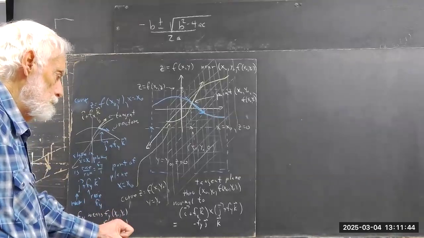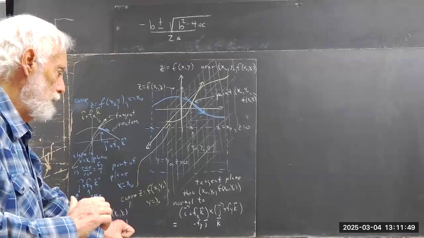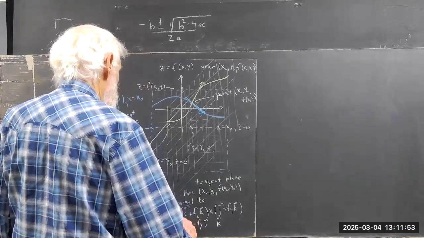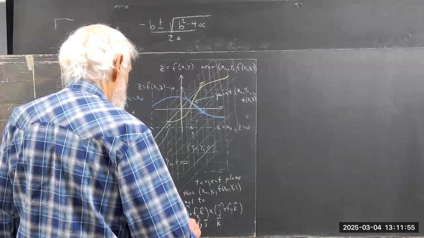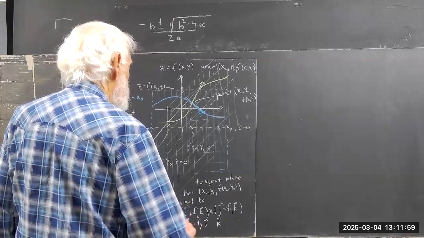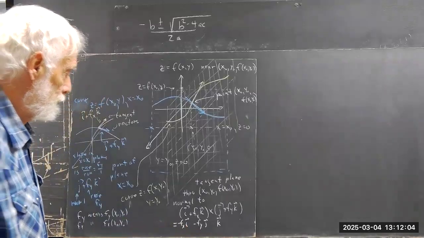Uh-oh. i cross k is negative j. k cross j is negative i. I knew it had to be negative, but I wanted to double check it. If you're thinking a little more clearly than I was, it's actually immediately obvious.